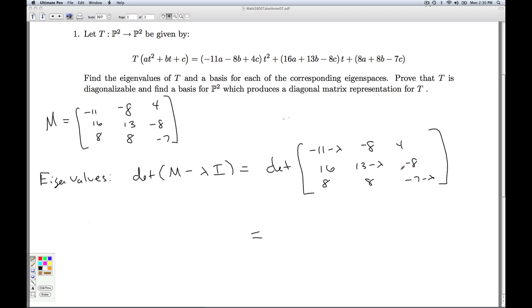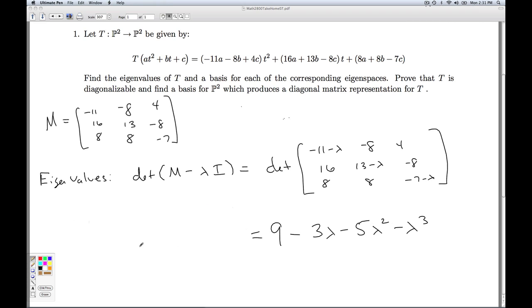There's no real advantage to expanding along any one particular row or column because we don't have a lot of zeros there. You go through the usual expansion. When everything settles down, you should get 9 minus 3 lambda minus 5 lambda squared minus lambda cubed.